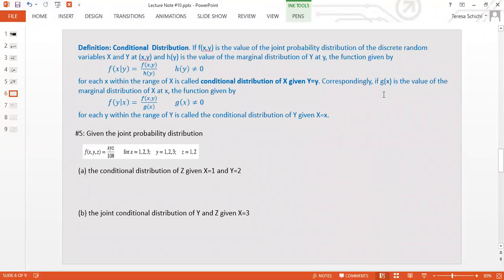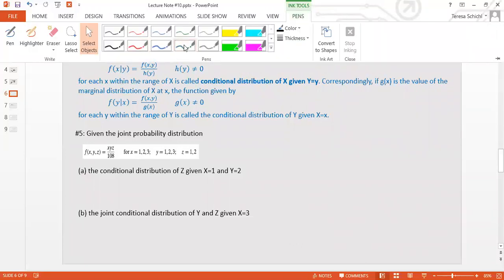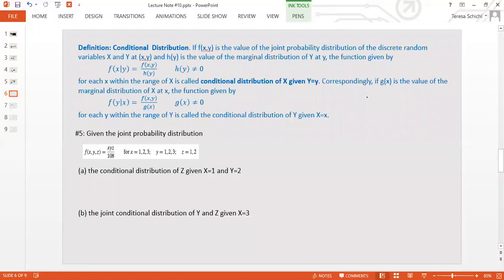So what are the conditional probability distributions? I'm just going to do a very brief review, and then you will see what this definition is about. In the probability unit, we say the probability of A given B, right?